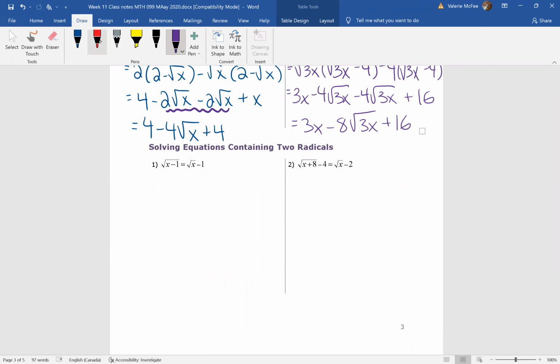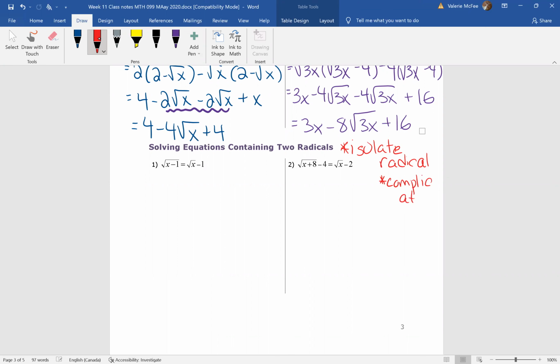Now you'll remember when we were solving radical equations in the last lecture, we said that we should always isolate the radical. But as you can see in these examples, we have more than one radical. So I'm going to suggest that we isolate the more complicated radical first.